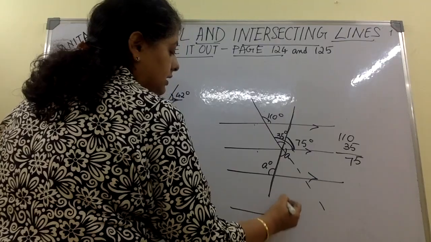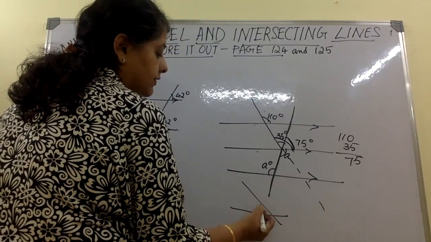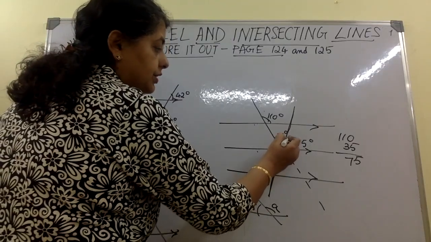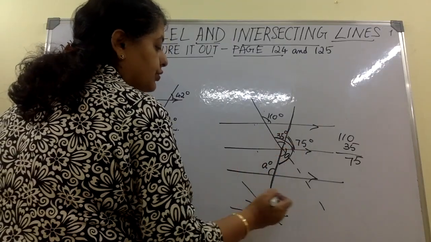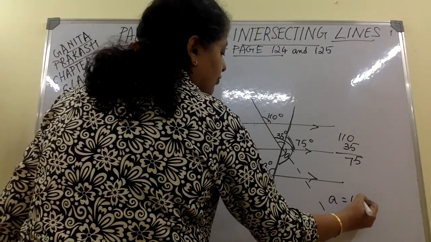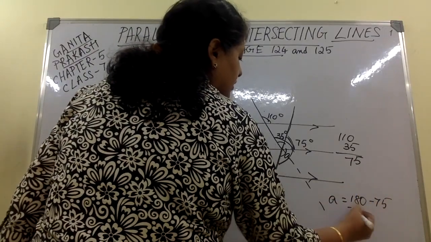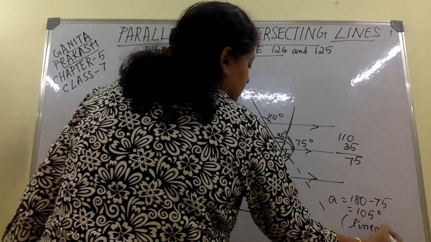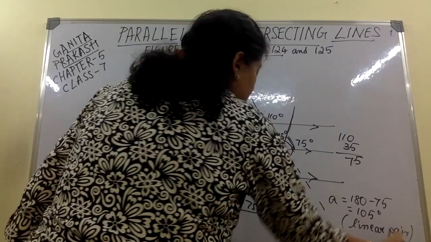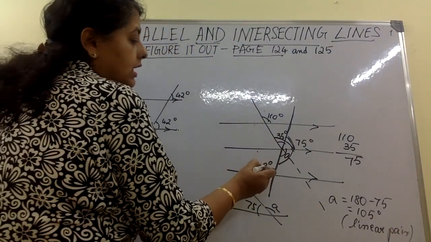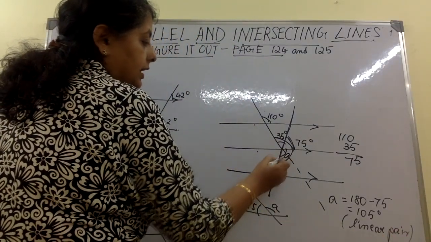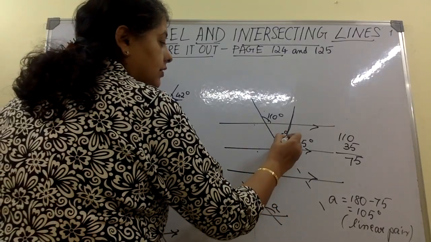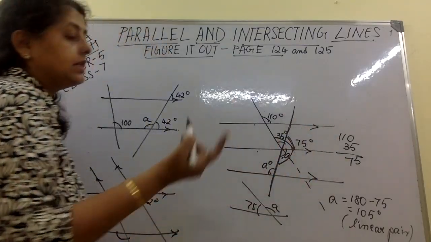In this straight line, one part is 75 and the other part is A. So here A is equal to 180 minus 75, which is 105 degrees, by linear pair. I took this A here because if this is A, this is also A because of alternate angles, and then found it with a linear pair.